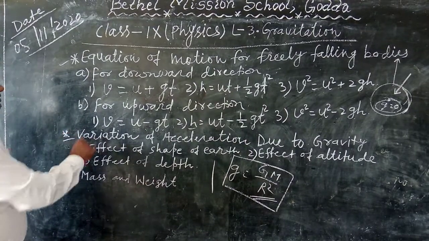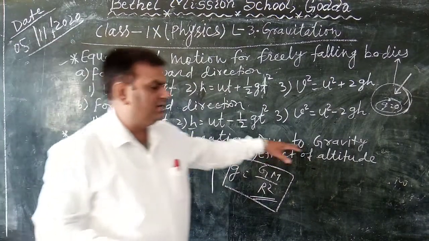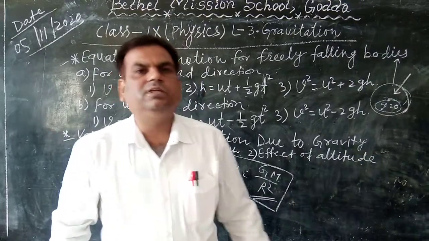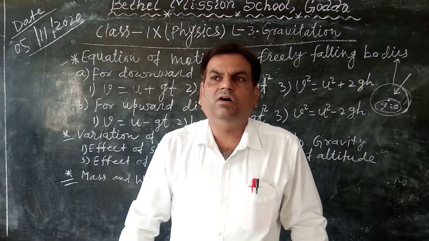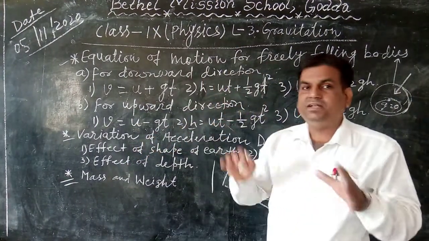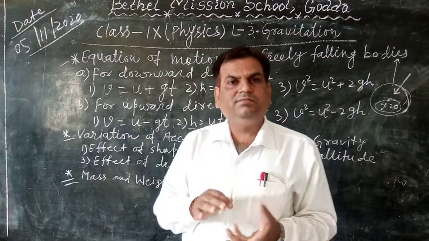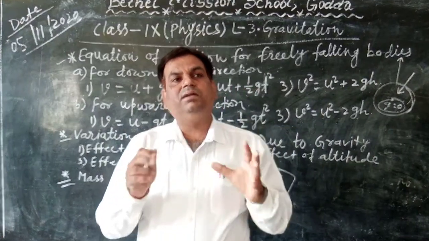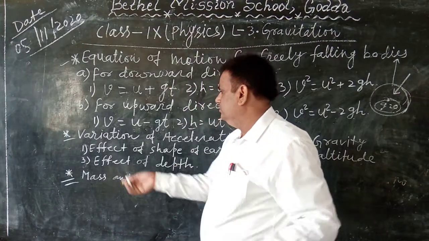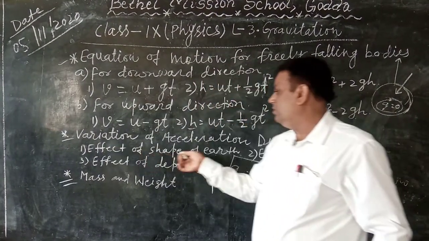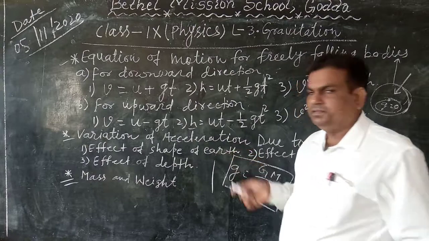Second topic, variation of acceleration due to gravity. Acceleration due to gravity is not uniform all over the earth. It is different for different places, and this variation of acceleration depends on different factors, of which the first one is the effect of the shape of the earth.